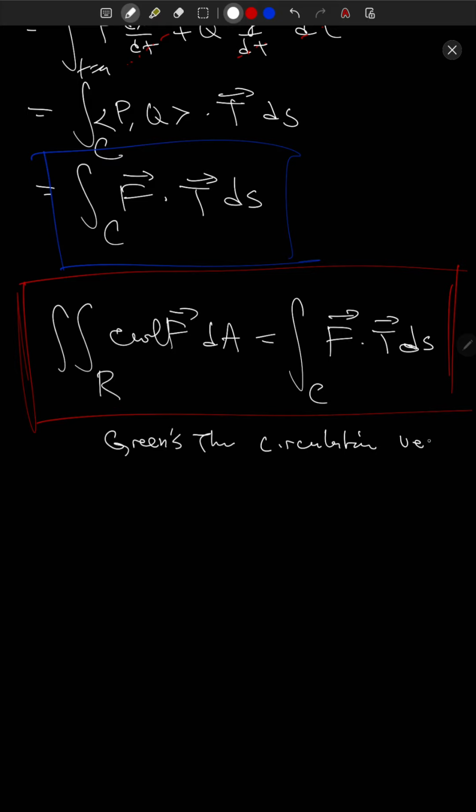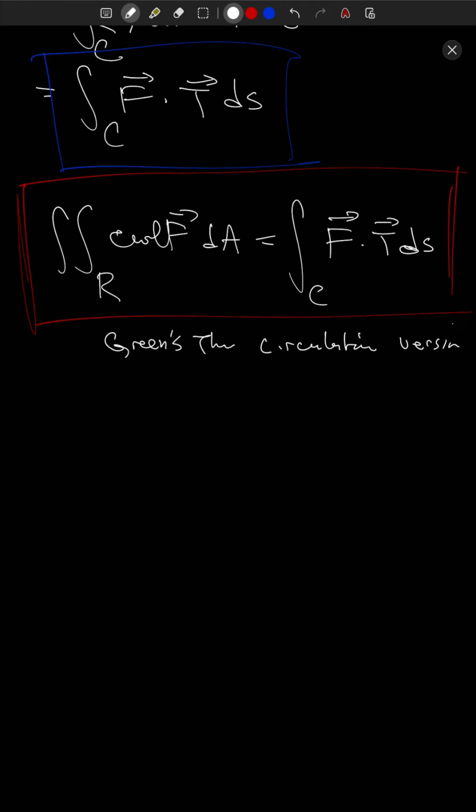And again, the reason I did this computation just now was just to show you that the two versions of Green's theorem are actually equivalent. And that's one of the reasons why many books only give you one of them. Okay, and again, like I've said before, if you just say Green's theorem to somebody, they're almost certainly going to be thinking of this version of it.